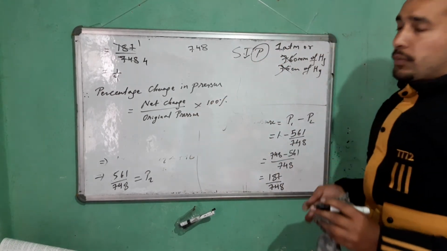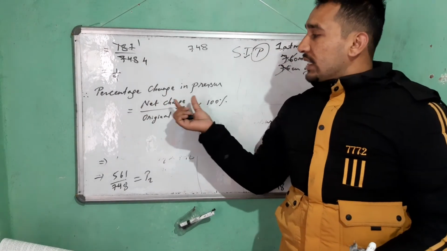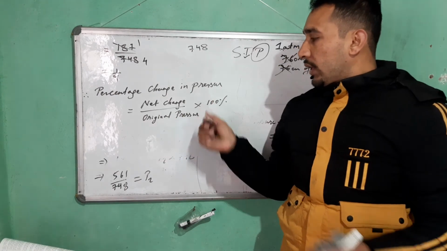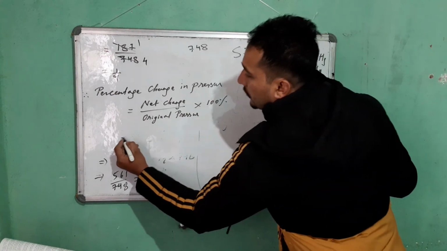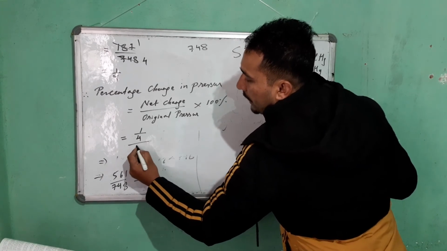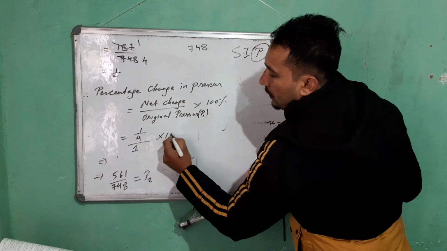This is the formula for percentage change. Like profit percent: the formula for profit percent is net profit divided by original price, or CP, into 100%. Similar formula is there. Net change is 1 upon 4. Original pressure is P1, which is 1, into 100%.